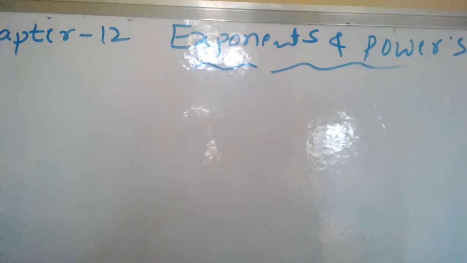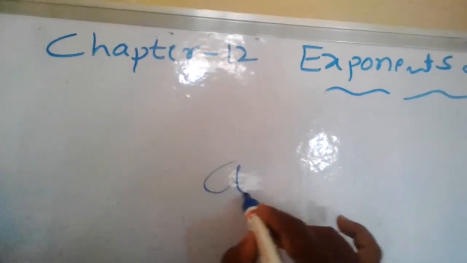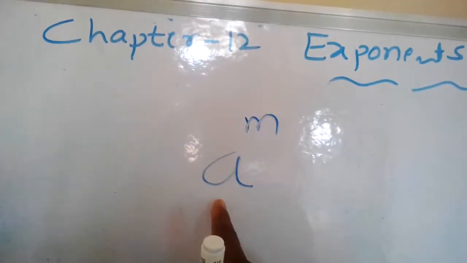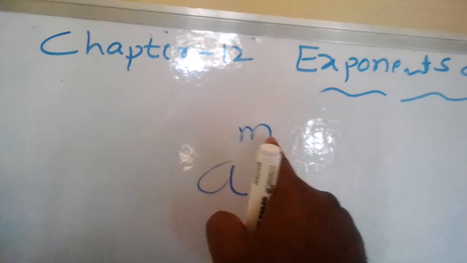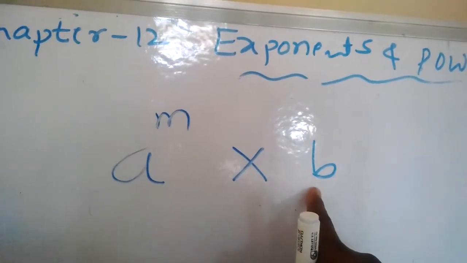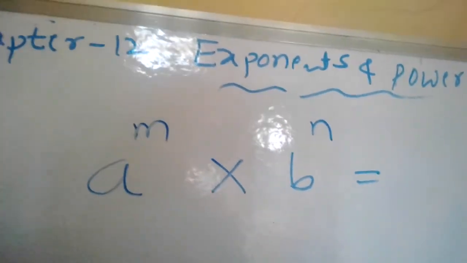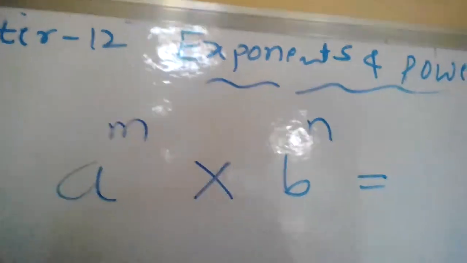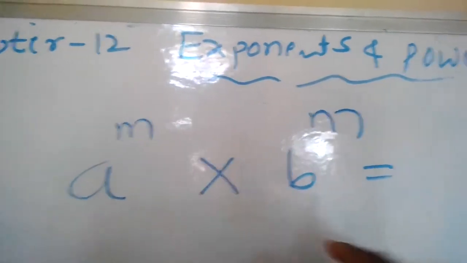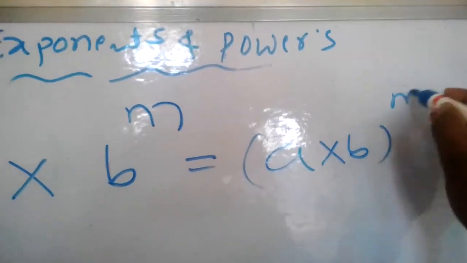Understood? Okay. Next one, fifth formula. For any rational numbers a and b and an integer m, for example, a as a base with a power m, again b as another base with a power m, then two exponents having the same power with different bases, multiply their bases and keep the power as it is.